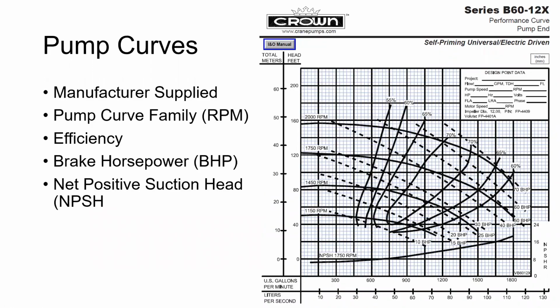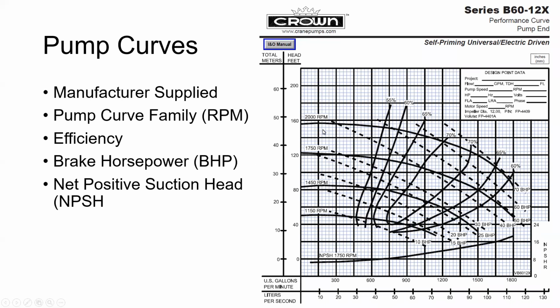So here's an actual pump curve from a real pump, from a real manufacturer. And these are notoriously hard to read. Often you're plotting things by hand. You can probably get the actual data for these in a spreadsheet and then plot your system curve over it. But again, it's got the pump curve family. So that's these black lines right here at different RPMs.